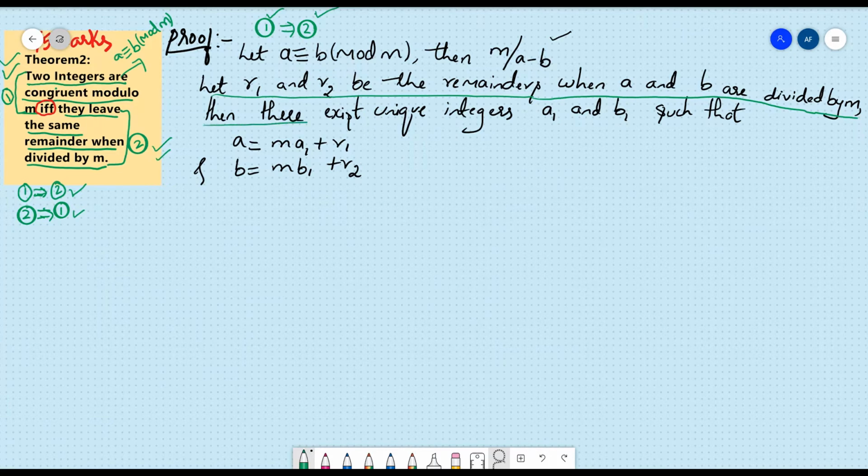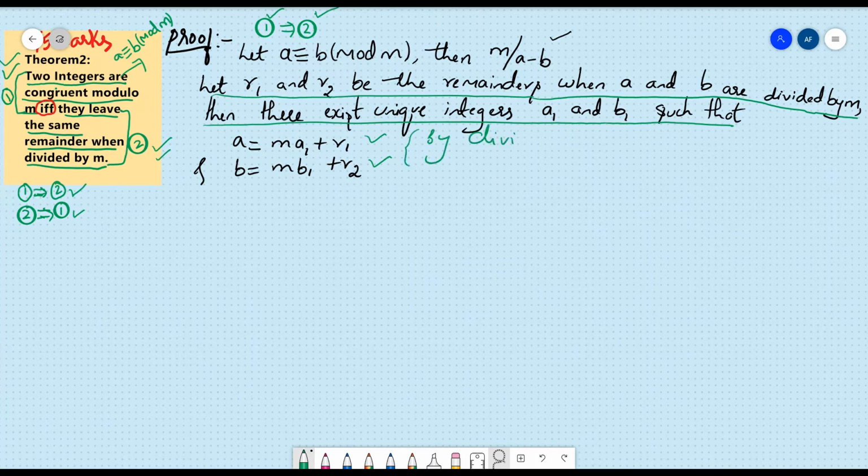Then there exist unique integers A1 and B1 such that, by the division algorithm, I can write down this. What I have written here: A is equal to M A1 plus R1, B is equal to M B1 plus R2. This is by the division algorithm.